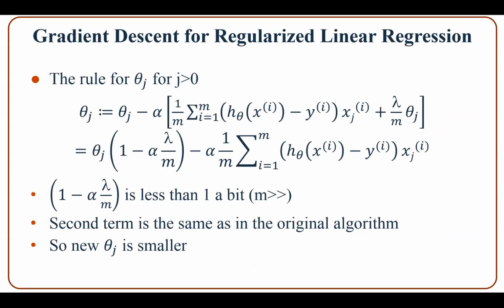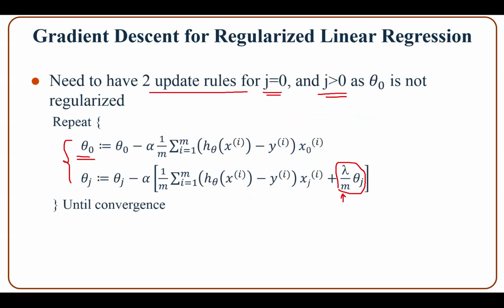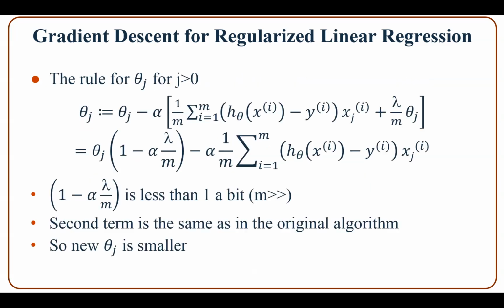Now we convert the update rule a little bit and combine that term with theta j, and what you have is this. This term is actually a little bit less than theta j, because 1 minus alpha times lambda divided by m is less than 1, because m is normally very large.